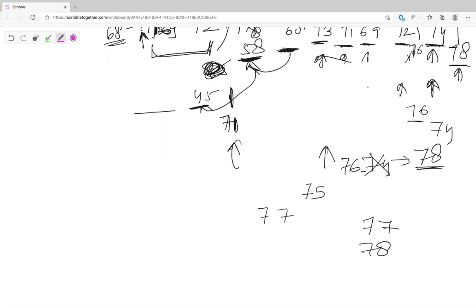Why? Because 77 and 78 can be useful to some other temperature. Let's say you get 84. Now what? Everything would be popped. You would pop 77 and 78.